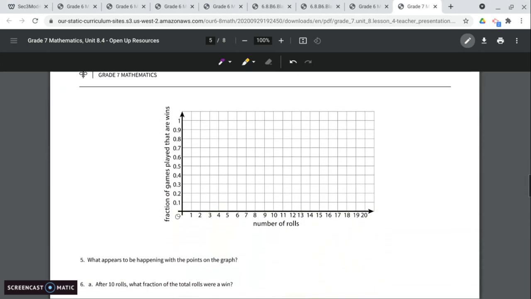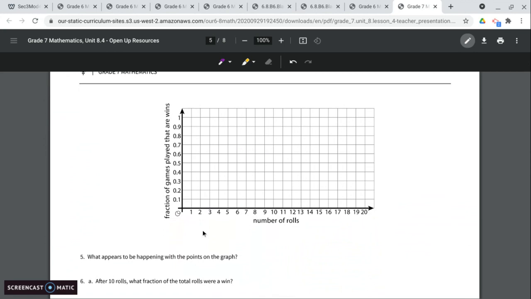So now we're going to graph this out. At 1 roll, we were at 1. At 2 rolls, we were down at 50%. At 3 rolls, we were at 0.33 repeating. At 4 rolls, we were at 0.25. At 5 rolls, we were at 0.2.